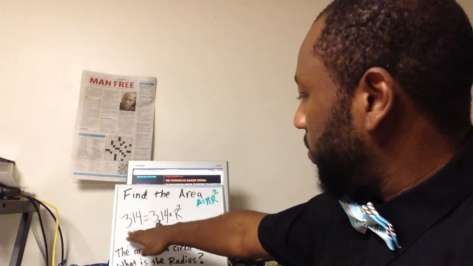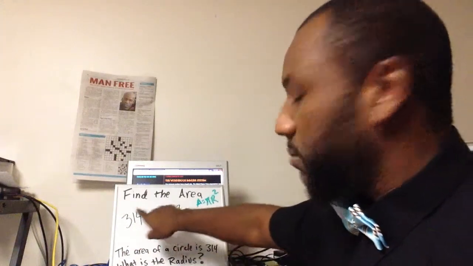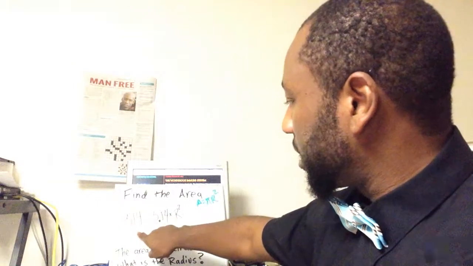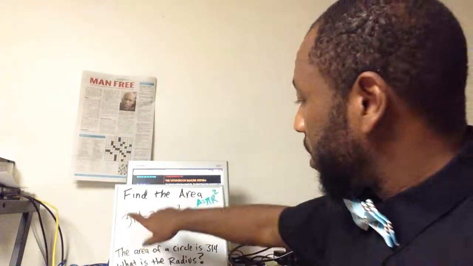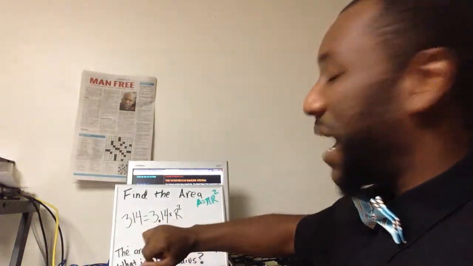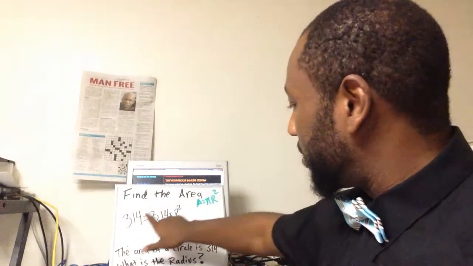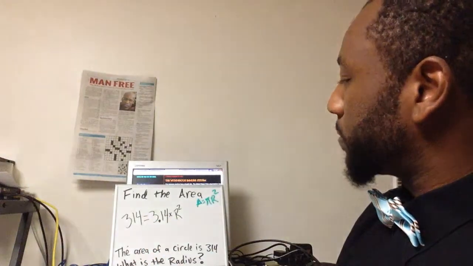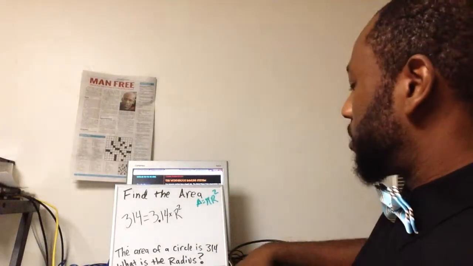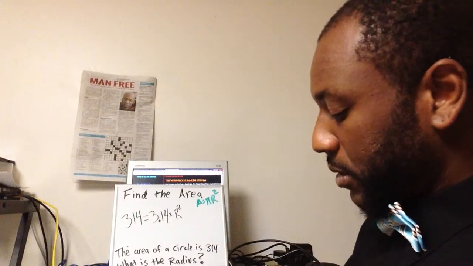And just like we did with circumference, we know what this is. So now, instead of going something times something equals that, we're going to do the opposite of multiplication. That's a little algebra there. This number divided by, because that's the opposite, 3.14. Right? So I'm going to break out my calculator again.